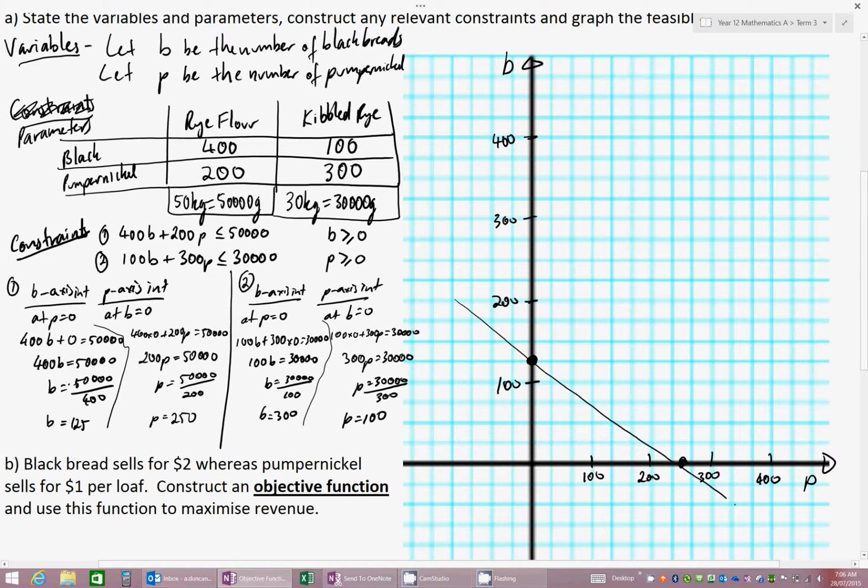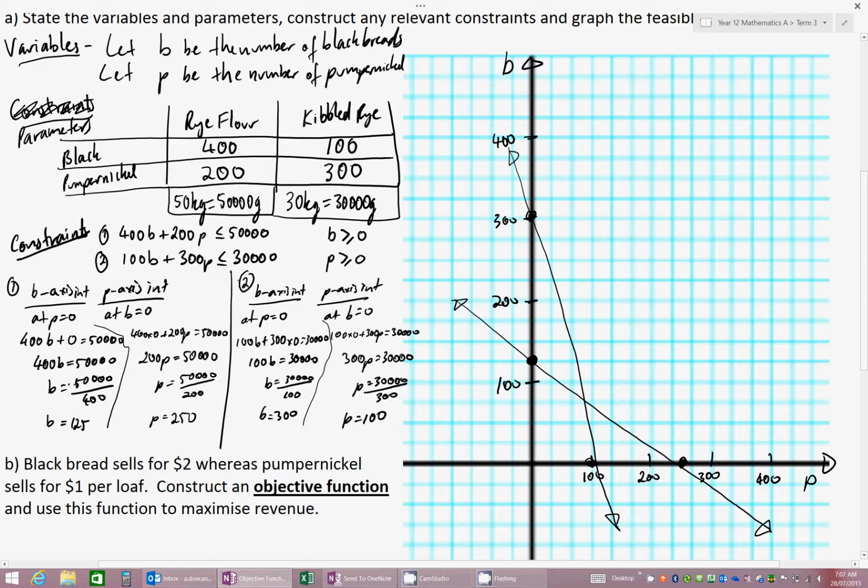If you've got a ruler, use a ruler. And do the same thing for the second constraint. So b equals 300, p equals 100. Straight line between these two. You do a much better job than me because you're not using a computer.